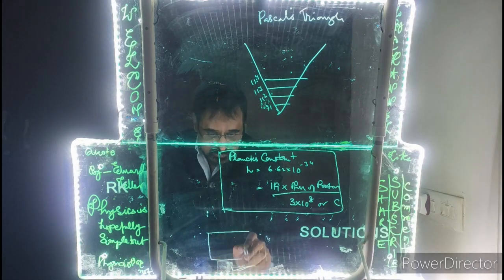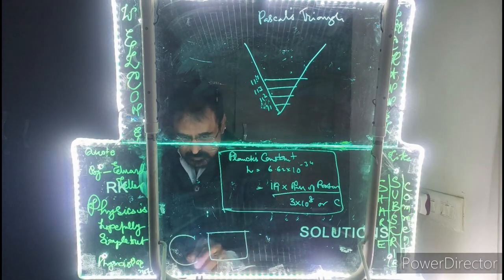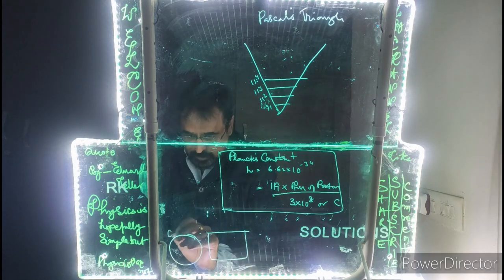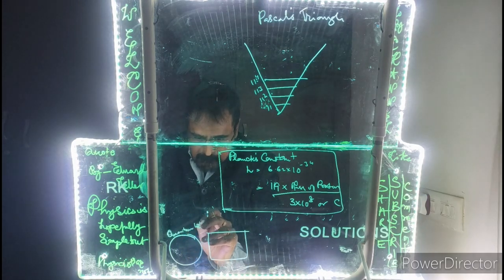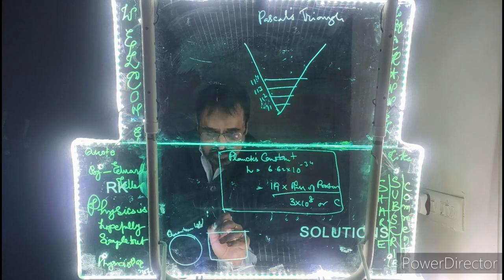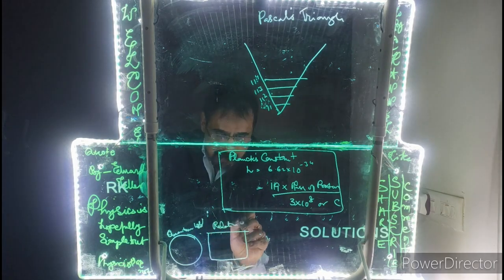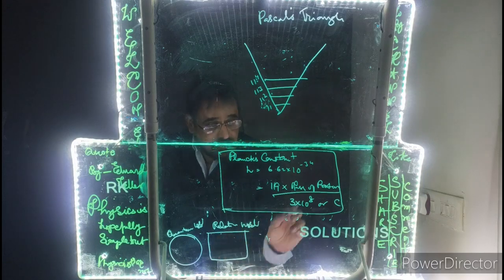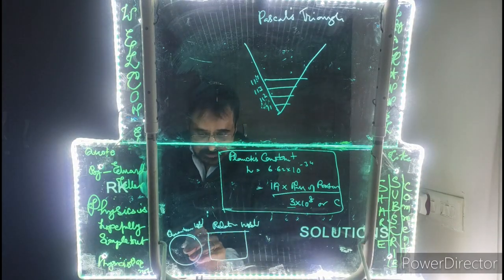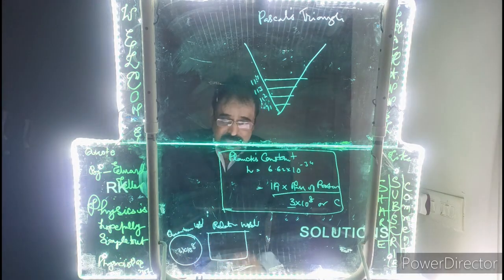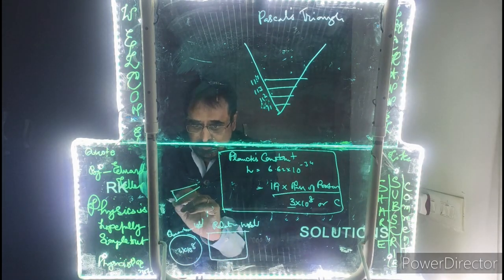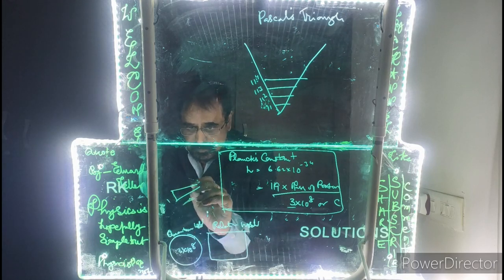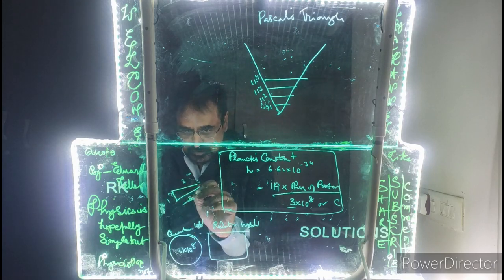This represents a spherical world, this is a quantum world, and this is the relative world. This 3 into 10 raised to 8 represents quantum, just like when we discussed here: 1, 2, 1, 2 squared, 1 cube, 2 cube.